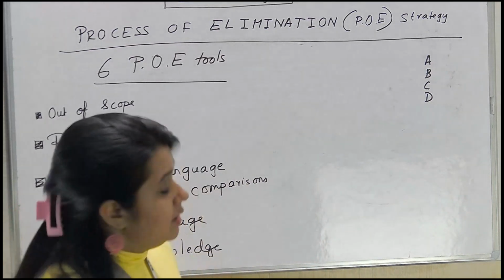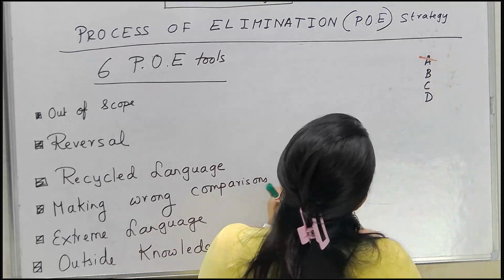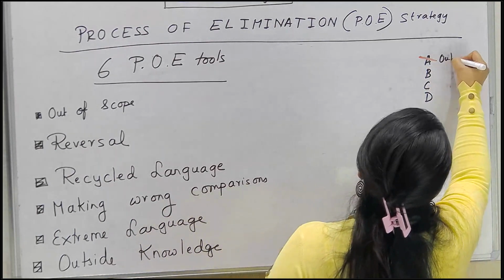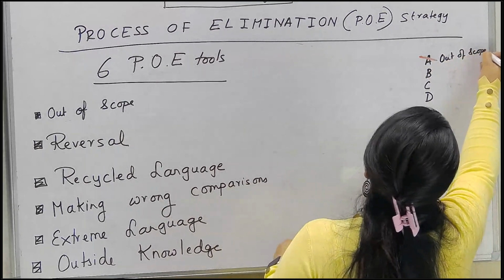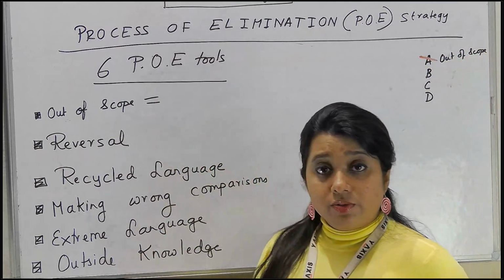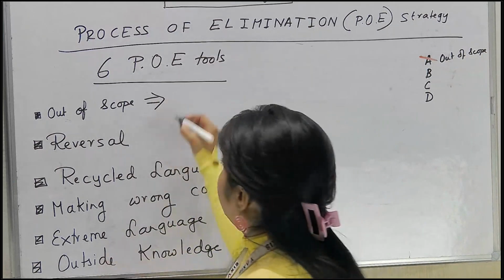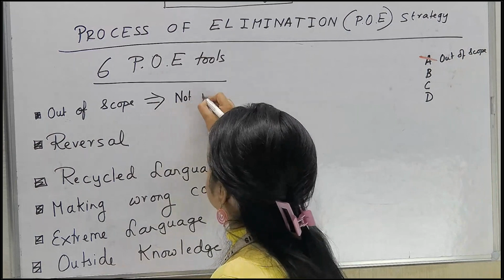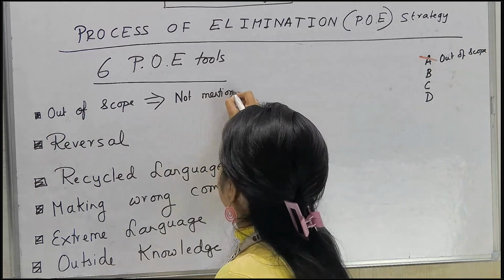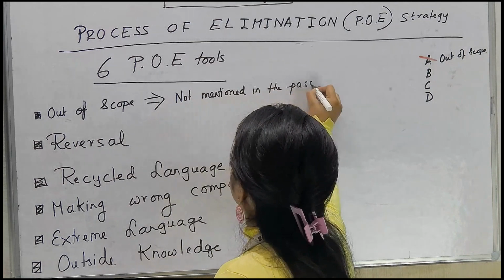Of course, eliminate that. So you will eliminate because it is out of scope. When will you eliminate an answer because it is out of scope? When it goes beyond the scope of the passage. In other words, not mentioned in the passage.